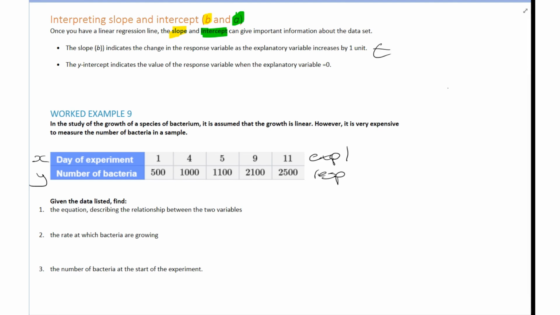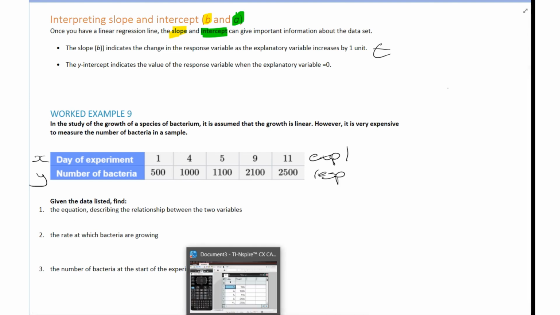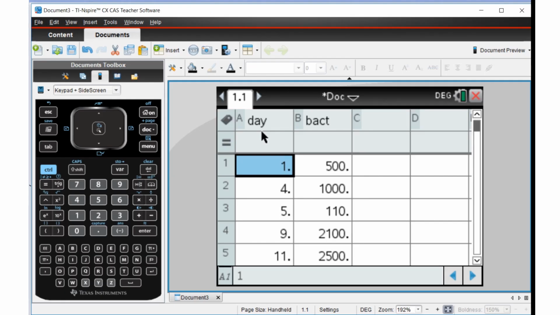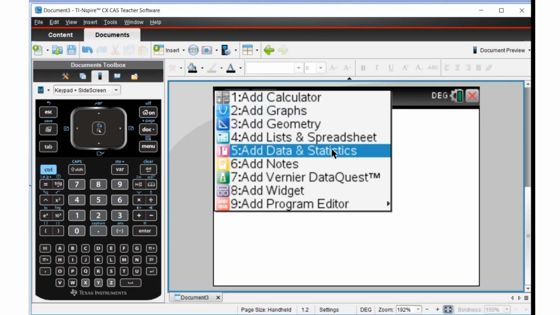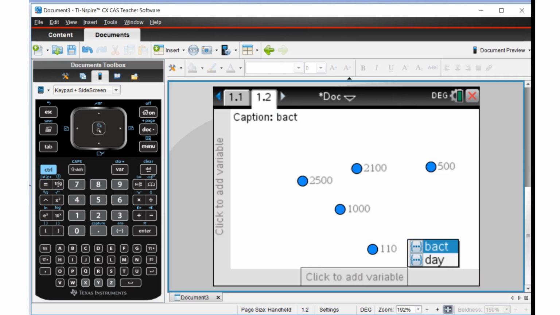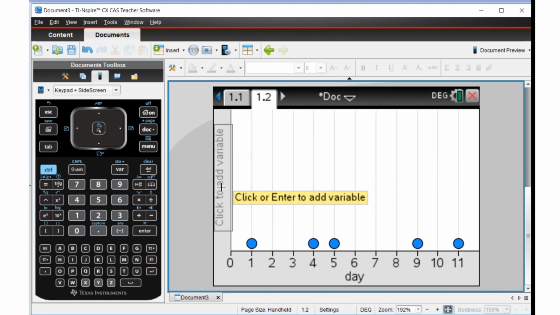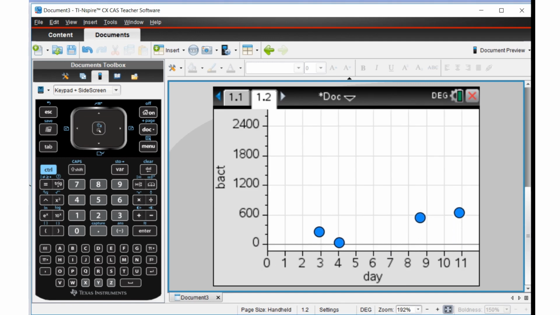Now we've got our data here, and it says to give the equation describing the relationship between the two variables. I put that data in here, and as we've done before, we're going to go Control I, add data and stats, and remember it was day and bacteria.